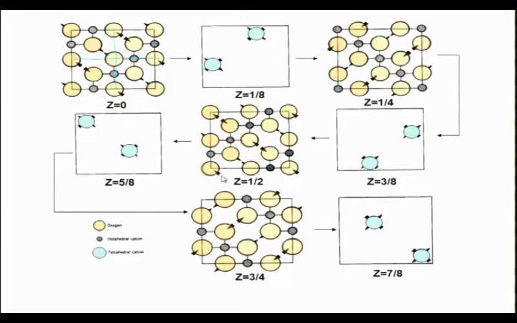When you go to Z equal to half, you come to a position which is the same as Z equal to 0, because it is the top surface of the bottom FCC unit cell. So the oxygen atoms are arranged in the same fashion. However, the octahedral sites are now filled in a different manner.